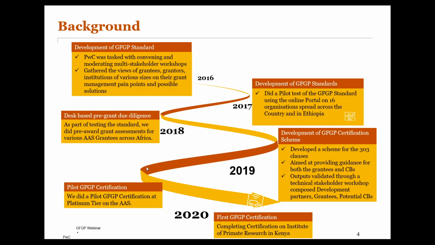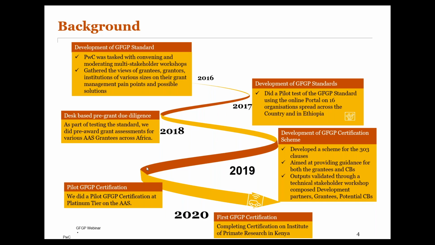Then in 2018, the Africa Academy of Sciences decided to use it as an in-house tool that they would be using for grant-making purposes. And with them, we did some further field testings of the pre-award process. And from that experience, a need developed to come up with a scheme that would be used to standardize the way in which grantees experience the GFGP certification.